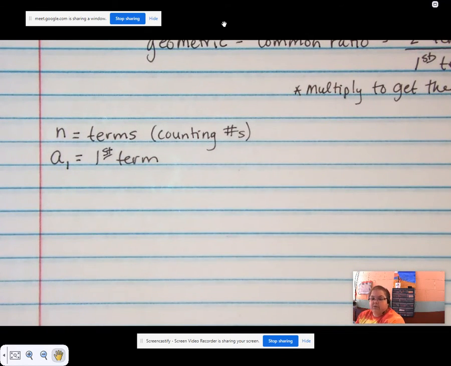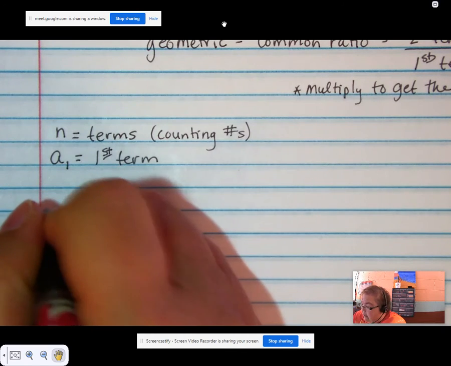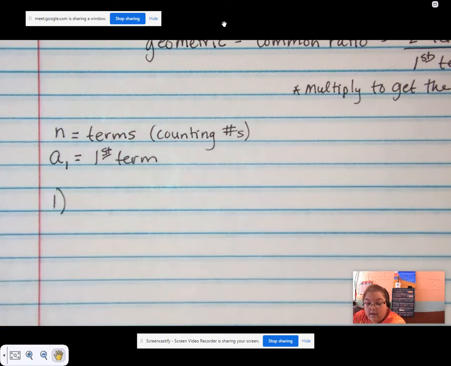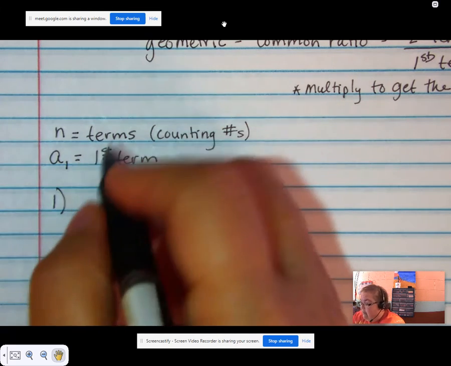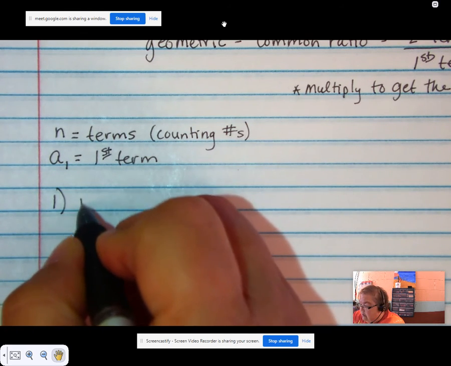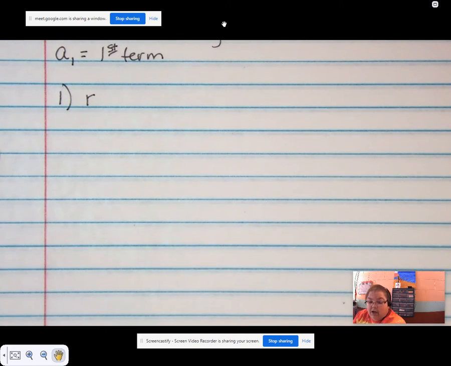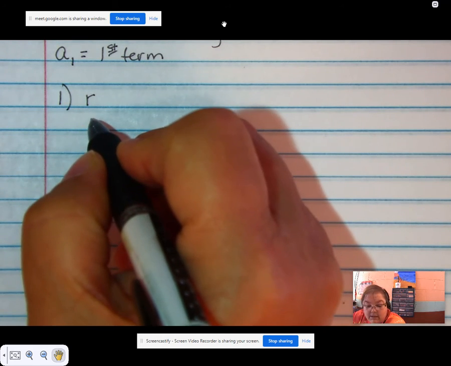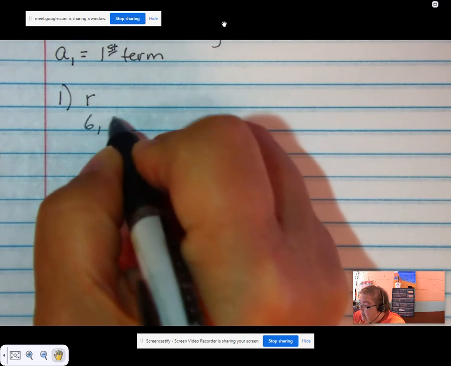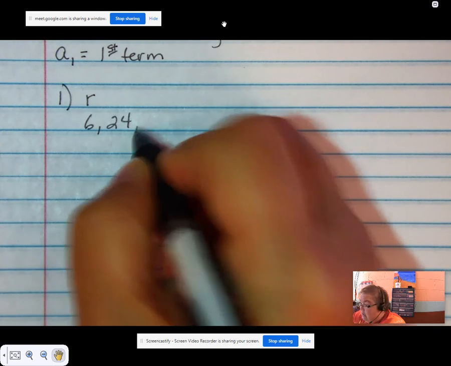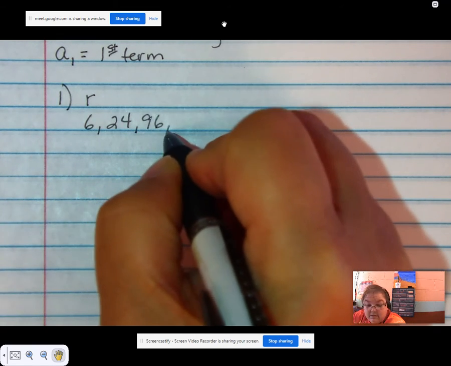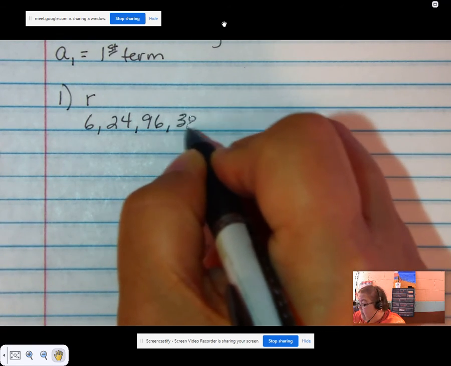Okay, here we go. So let's look at problem number 1 now. Consider the geometric sequence. It's geometric, so I know I have a common ratio. So little r, okay? We're not writing that word every single time. Here is my sequence. I've got 6, 24, 96, and 384.